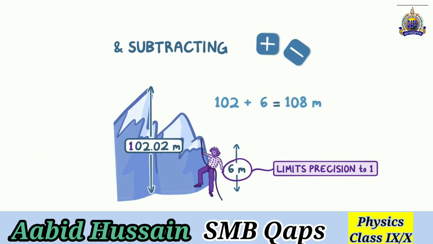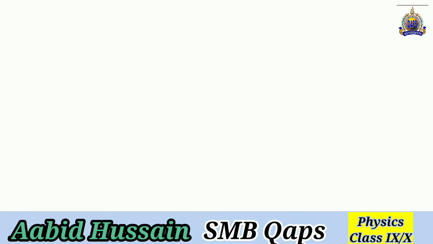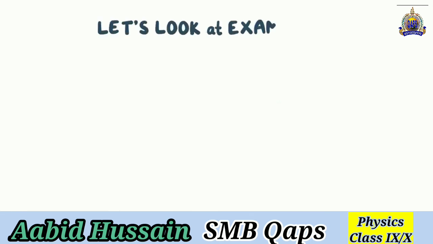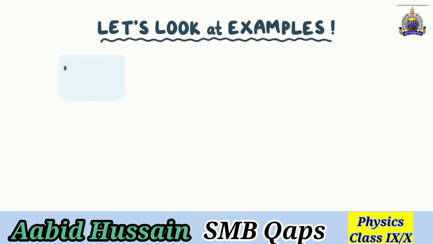Here it is the exact value, so there is no need for rounding of the data. We will talk about the rounding of data in a later lecture, which you will get soon. So let's look at the examples.